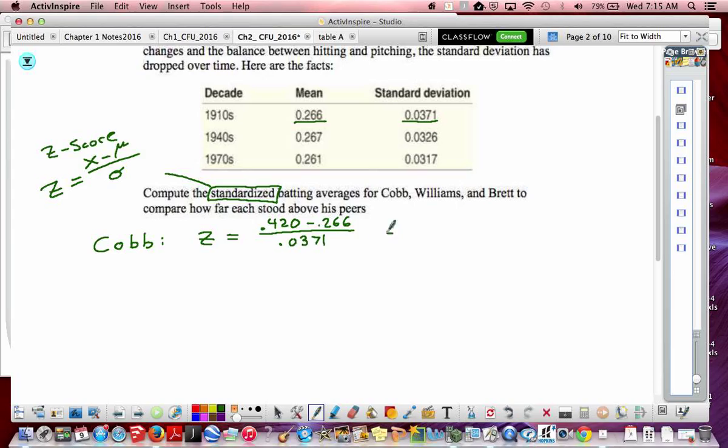When you enter this in the calculator, you have to do the top first, then divide. If you're going to type it all in at once, you better put this in parentheses. You should get a z-score of 4.15. So his score is 4.15 standard deviations above the mean. Wow.